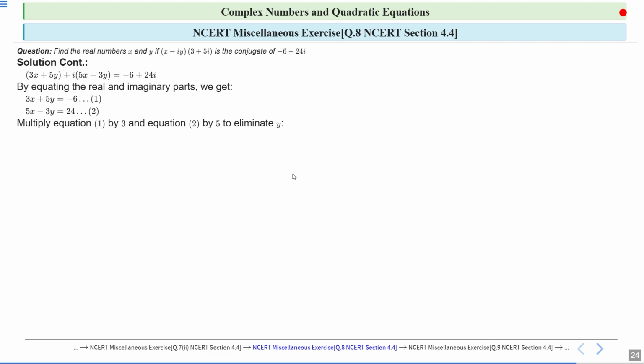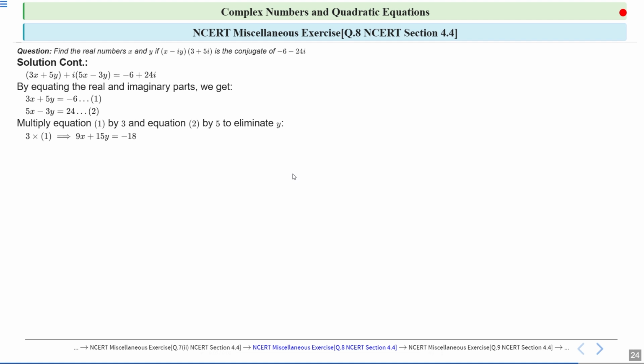To solve these equations, let's eliminate y. We will multiply equation 1, which is 3x plus 5y equals minus 6, by 3, and equation 2, which is 5x minus 3y equals 24, by 5. Multiplying equation 1 by 3 gives us 3 times 3x plus 5y equals 3 times minus 6, which simplifies to 9x plus 15y equals minus 18.